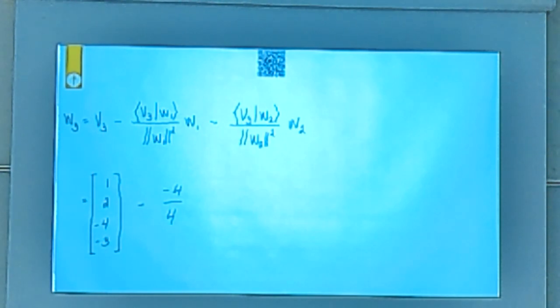I already did that, so don't reinvent the wheel. Times W1, minus V3 dotted with W2.